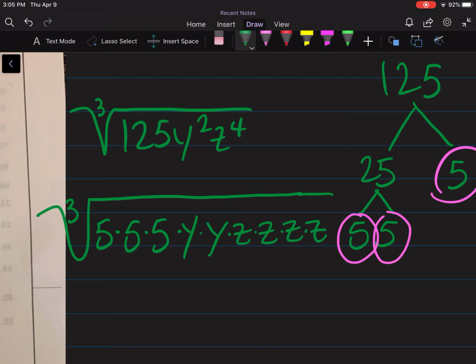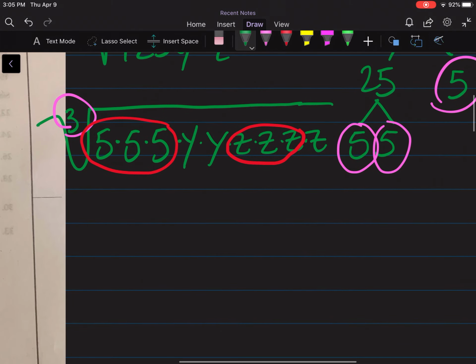Now notice that this number here is a 3, so we're looking not for pairs, but 3s. So inside our house we have 3 5s. I only have 2 Ys, so I have to leave those. And then I have 3 Zs. So those can come outside. So I can put a 5 outside the house, and I can put a Z outside the house. And I'm going to do my cube root.